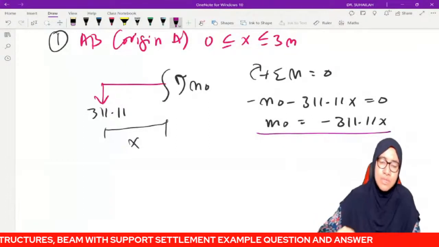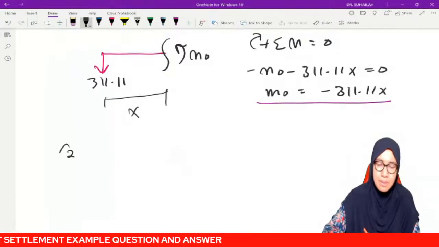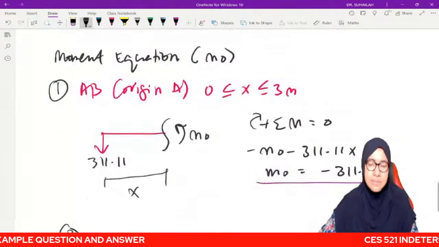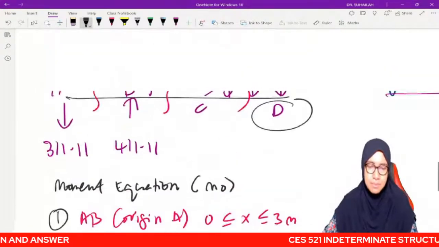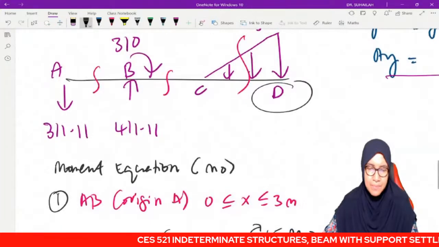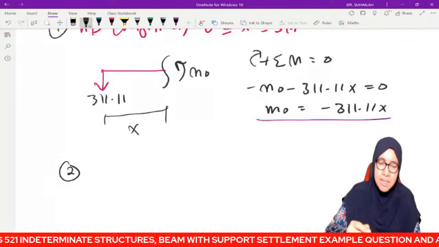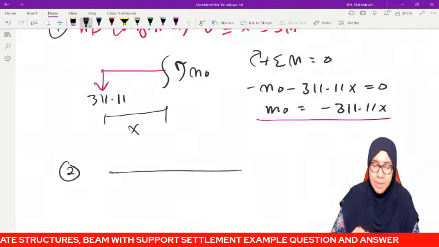Now we move to the second section. For the second section, we draw the cutting section diagram.